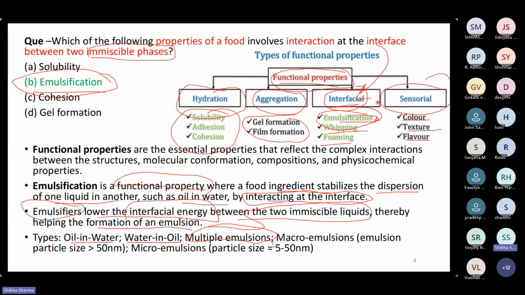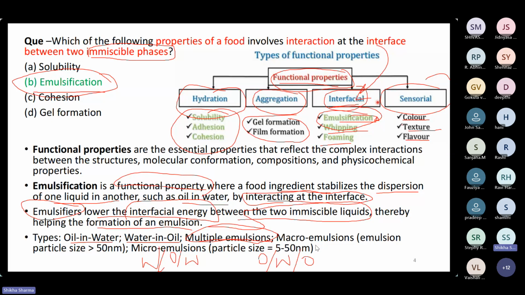Like water, oil, then water, or oil in water in oil. So these kinds of emulsions are known as multiple emulsions.